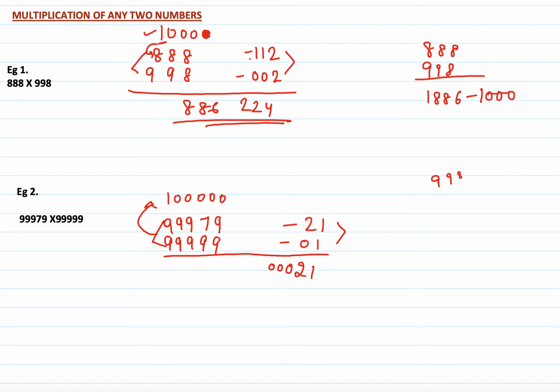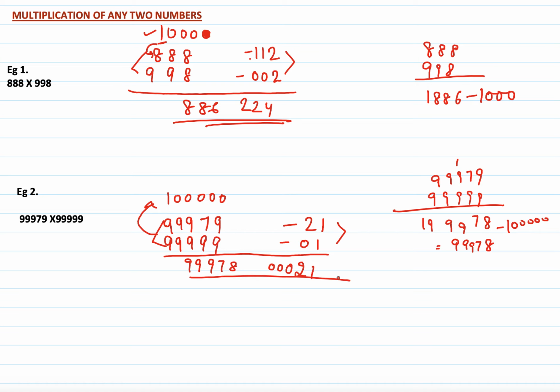So 99979 plus 99999, how much will it be? 199978, minus 1 lakh. So our answer will be 99978. You can write here 99978, and this is our answer.